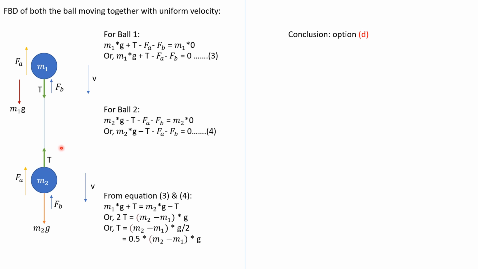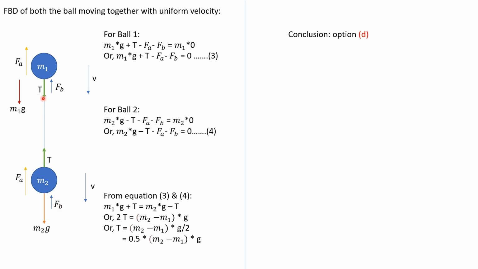Buoyancy force depends on the weight of the air displaced by the ball. The volumes of both the balls are given as equal, so the weight of the air displaced by ball 1 and 2 will be equal. So buoyancy force Fb will also be equal.